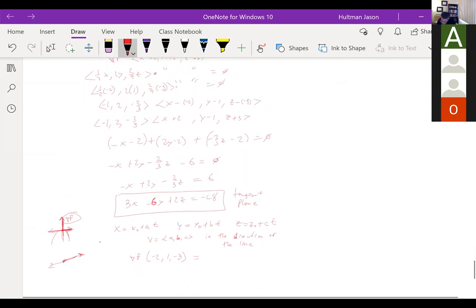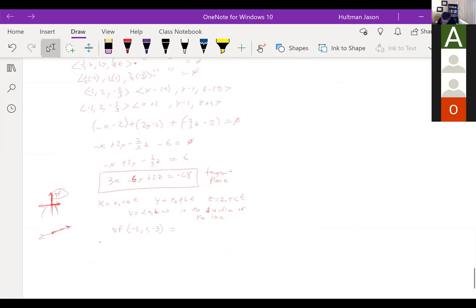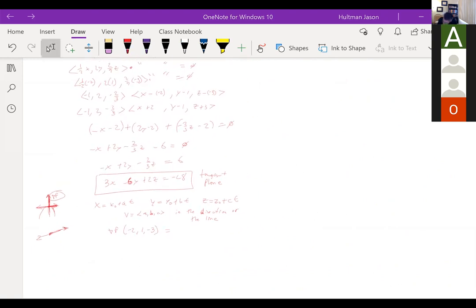Del F was 1/2 x, 2y, and 2/9 z. So 1/2 times -2, and then 2 times 1, and then 2/9 times -3. We already have that. It's right here, so I'm not going to do it again. So this is -1, 2, and -2/3. That's good. So that's going to be my ABC.